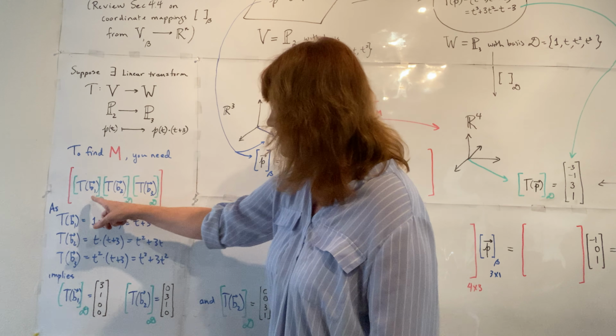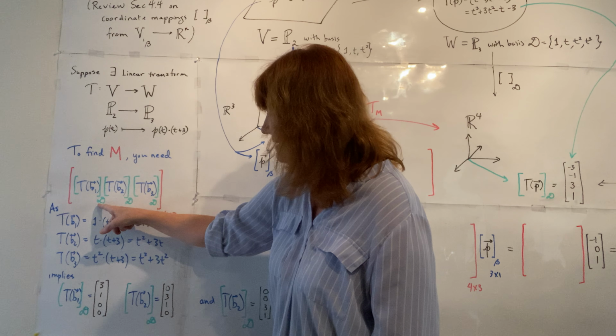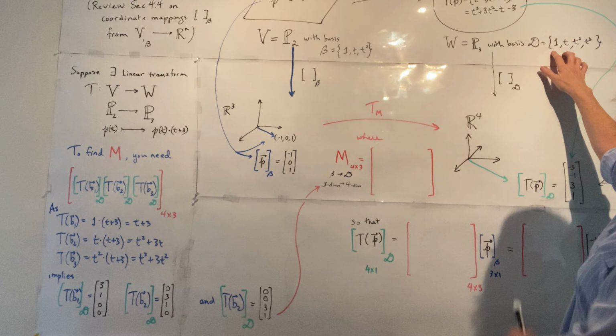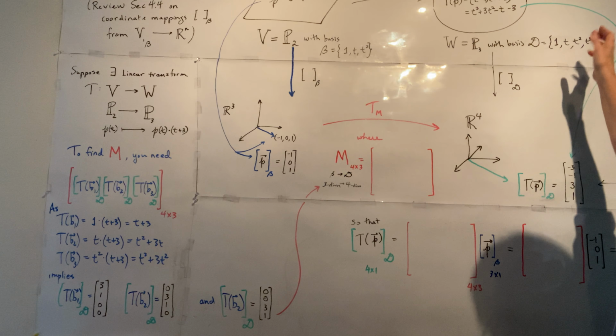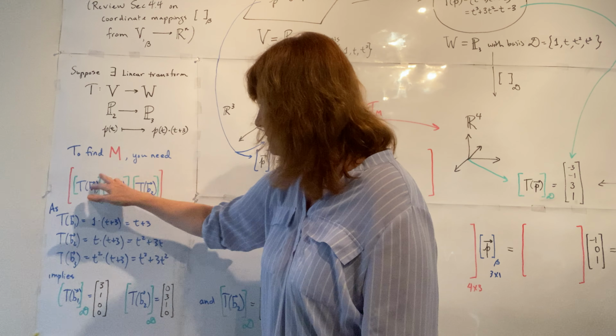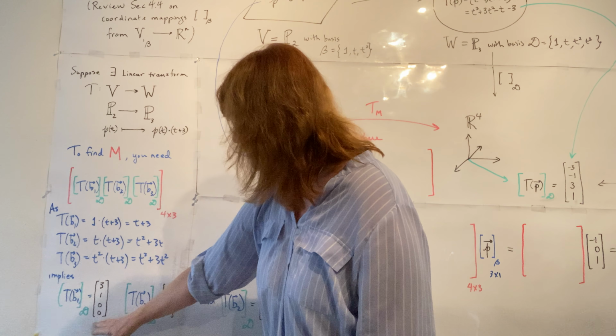So that's what this coordinate mapping with respect to the basis D does, with basis vectors 1, t, t squared, t cubed. There's 4 of them. That's why this mapping, represented by the green coordinate mapping, is going to give us vectors in R4.